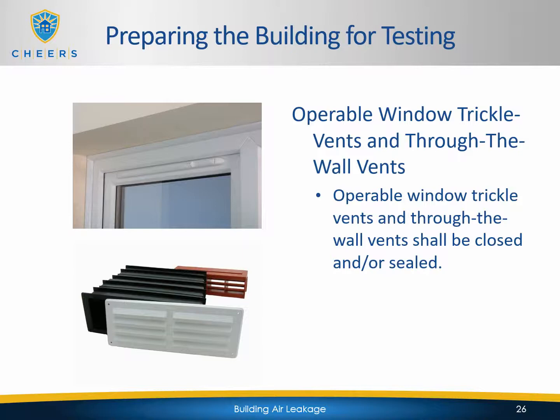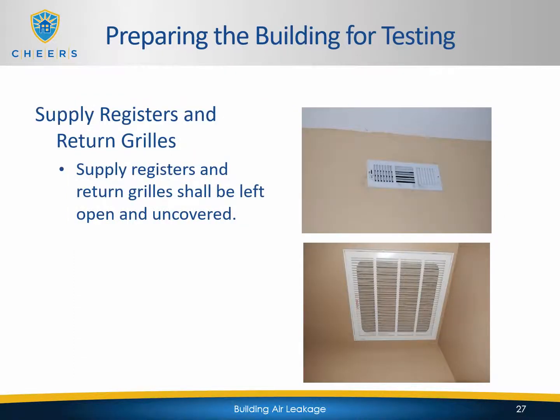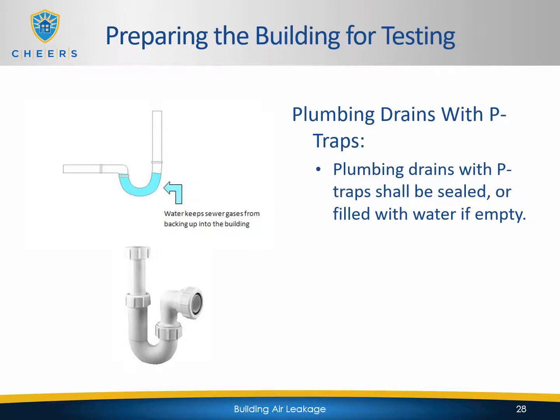Operable window trickle vents and through the wall vents shall be closed and or sealed. These you can actually seal if need be. Supply registers and return grills shall be left open and uncovered. Plumbing drains with P-traps shall be sealed or filled with water if empty.